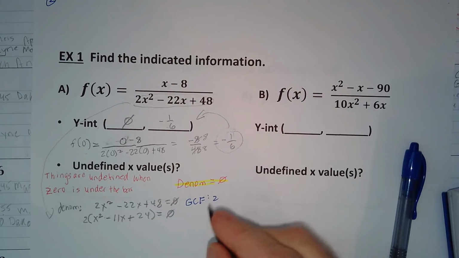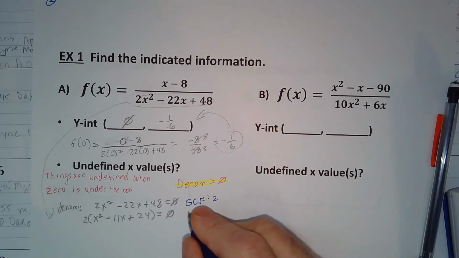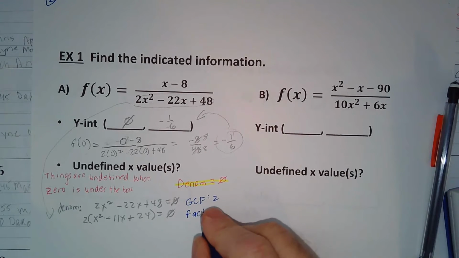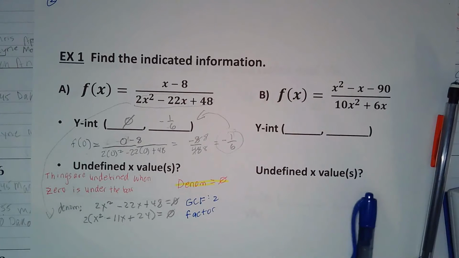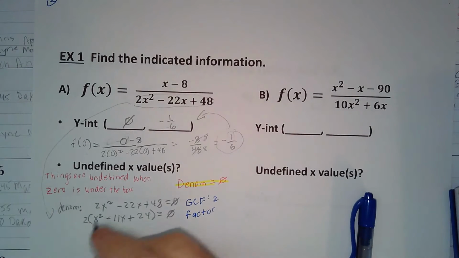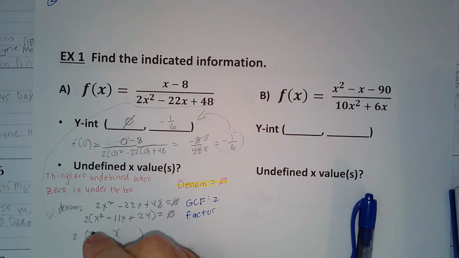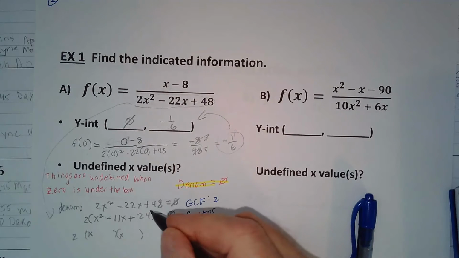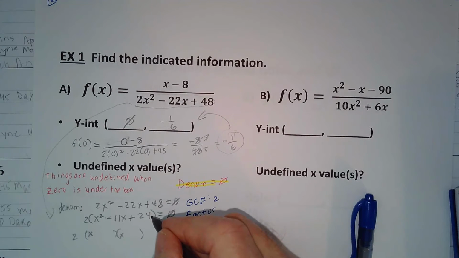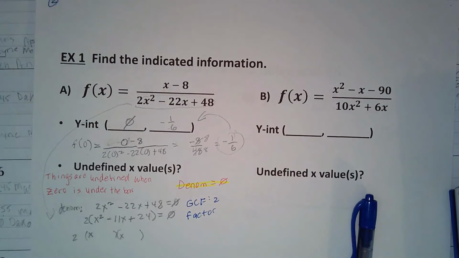Now we want to double bubble factor, okay? So that means I've got a 2 over here, and then I've got double bubble. So x and x make x squared, and what times what equals 24 that when added together is negative 11?